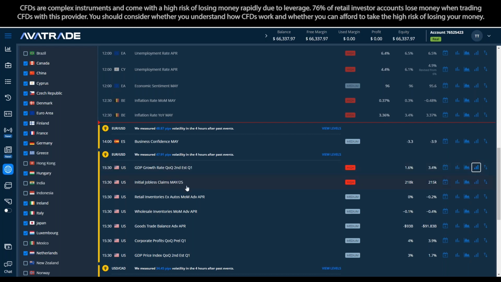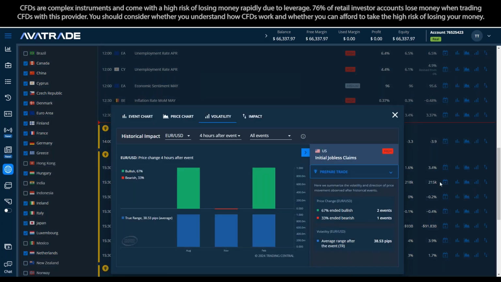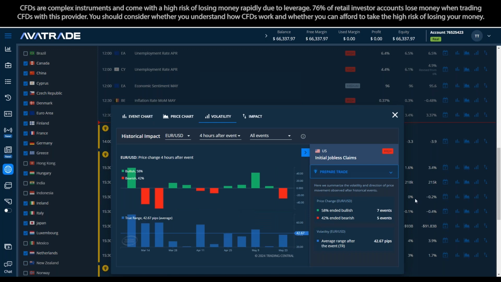Now, initial jobless claims, that's another big one. It's at the same time, by the way, at the exact same time. Let's see which one has a better statistical effect. Now, this announcement has more data points. It occurs more often. Instead of a quarterly type of announcement, it's more of a weekly or bi-weekly announcement.